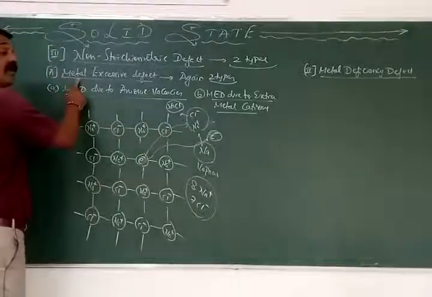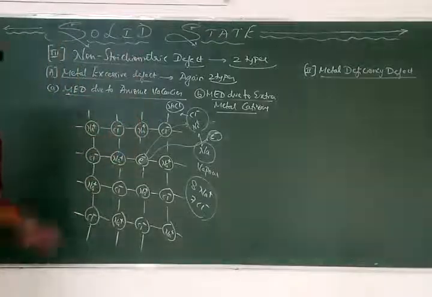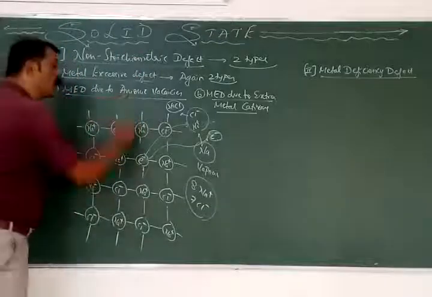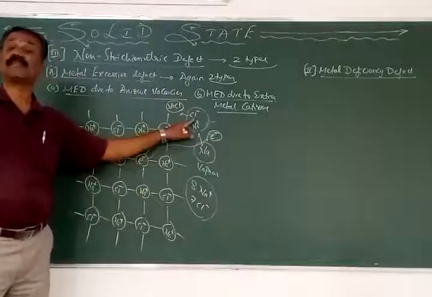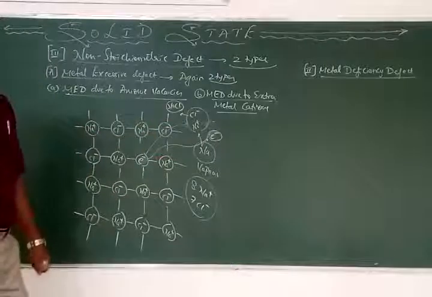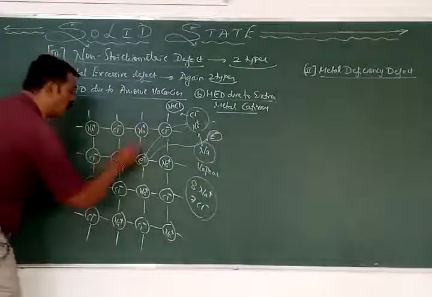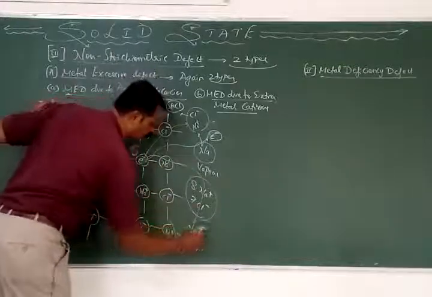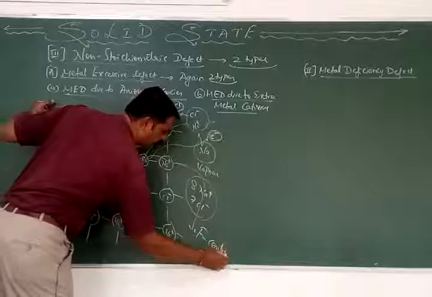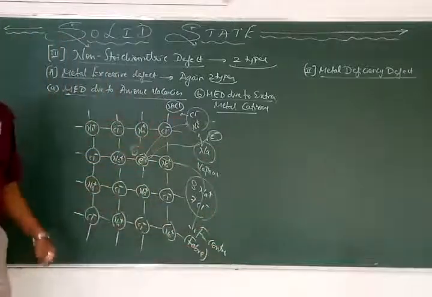Whether cations are in excess or anions, cations usually mean the metal. Therefore, it is called a metal excessive defect. But how? It is due to the creation of vacancies by the anions, which here is Cl minus. Cl minus gets vacated, therefore it is called anionic vacancies, and these are called F centers. F means Farbe, which means color.